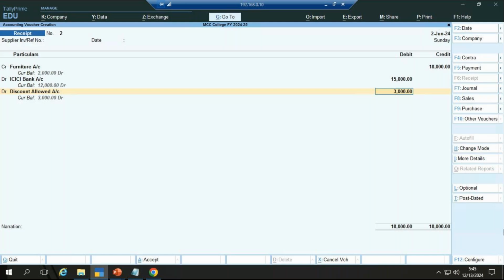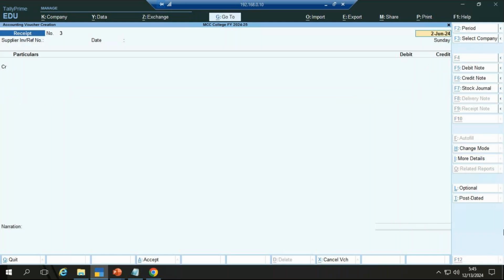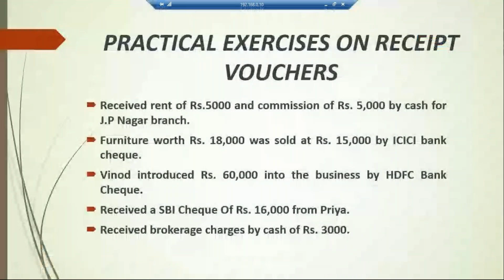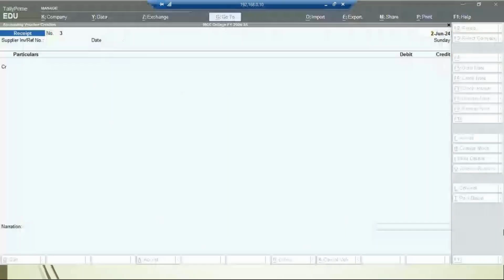Any doubt regarding this transaction? No, ma'am. Fine. Control A. So the second transaction is done. Next, Vinod introduced worth rupees 60,000 into business by HDFC bank cheque.